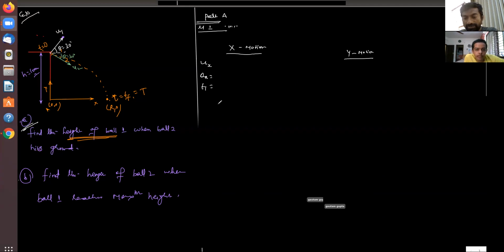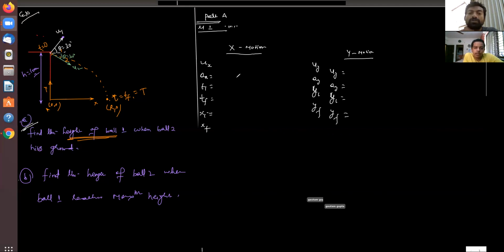What will be ti? What is it asking? Find the height of ball 1 at tf. And what will be xi and what will be xf? For y motion, again you have to write all this. So what is uy, what is ay, what is ti? Tf is anyway common. So what is yi and what is yf?